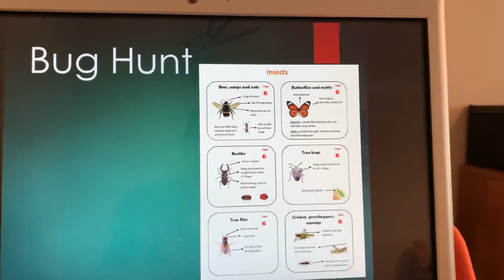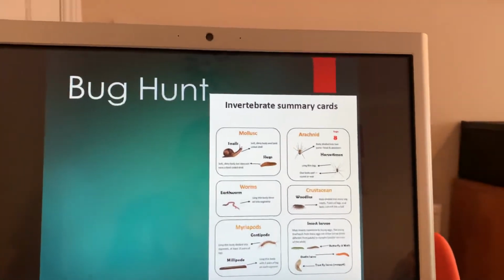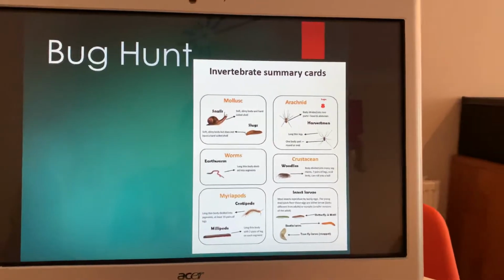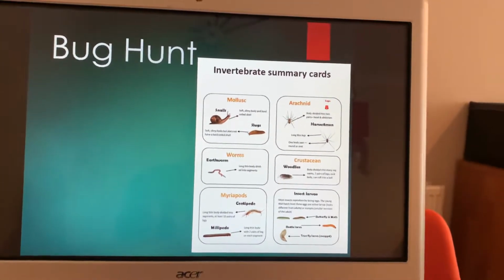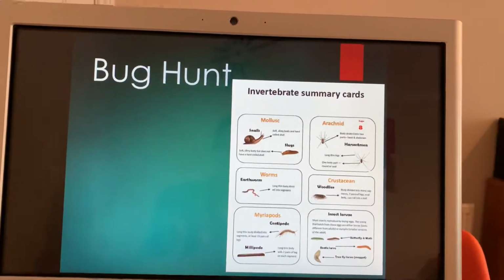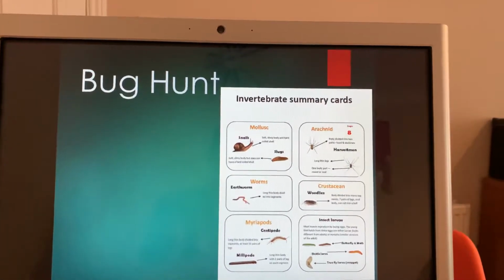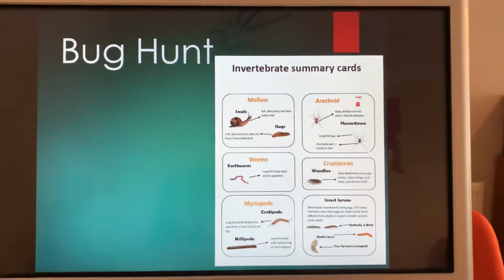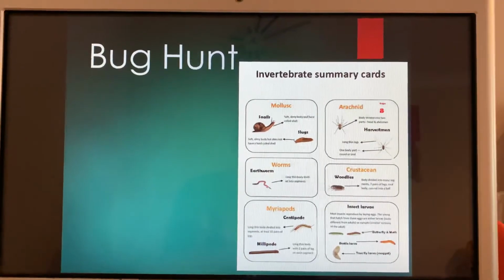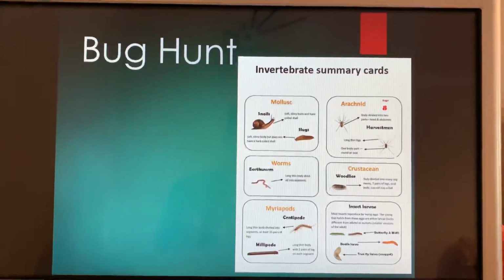But thinking of mini beasts as a whole, or invertebrates as a whole, we have insects, but did you spot any snails or slugs? Snails are an example of a mollusk. Did you spot any spiders? Spiders are an example of arachnids. Did you spot any worms?